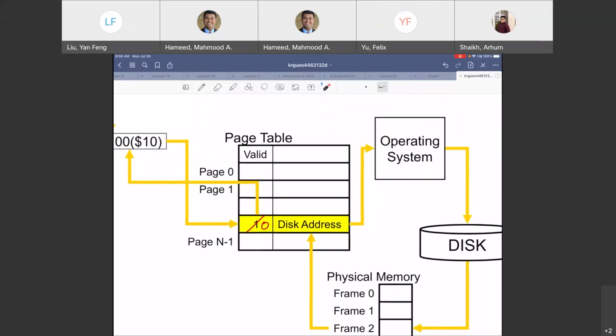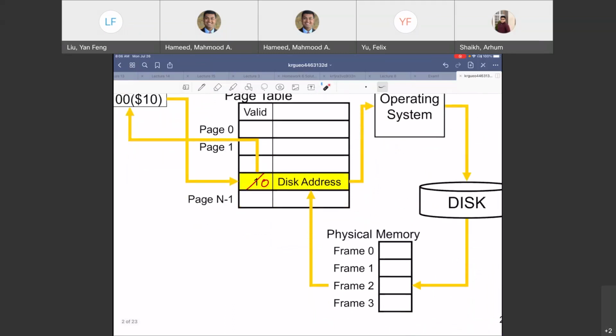Valid bit is 0, so the disk address is provided. Because of the valid bit being 0, the operating system initiates a trap addressing error. In response, it will initiate disk IO. It will go read the hard disk and then bring in the corresponding frame into the physical memory.